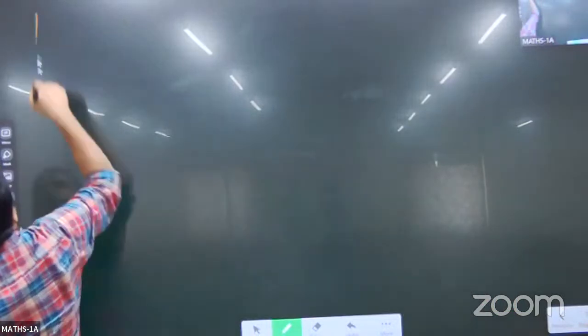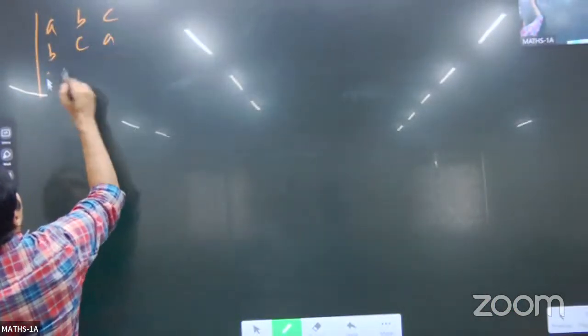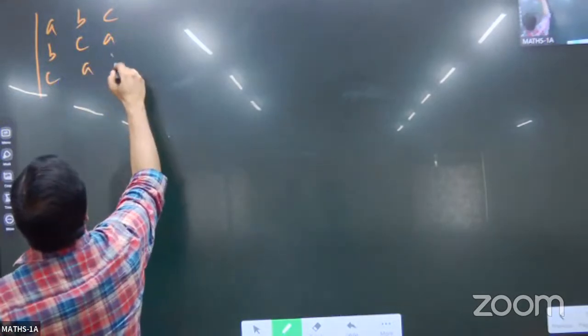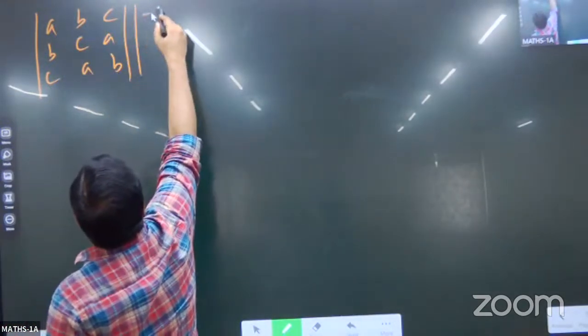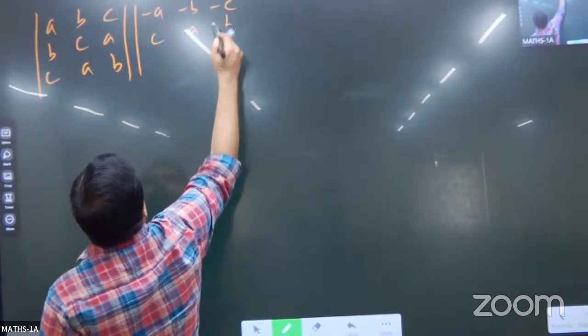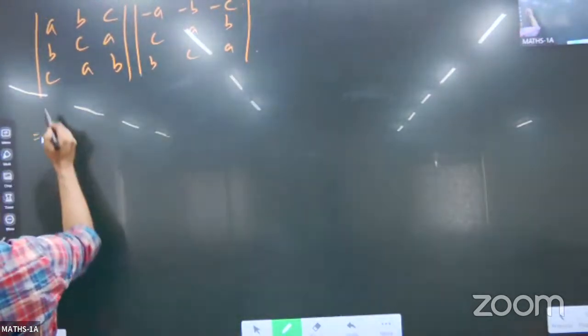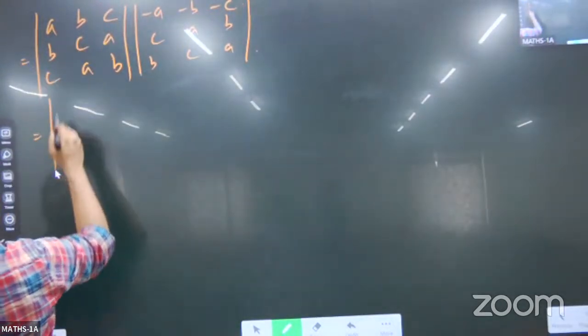That is nothing but A, B, C, B, C, A, C, A, B into minus A, minus B, minus C, and C, A, B, next B, C, A. Now please do matrix multiplication, students.